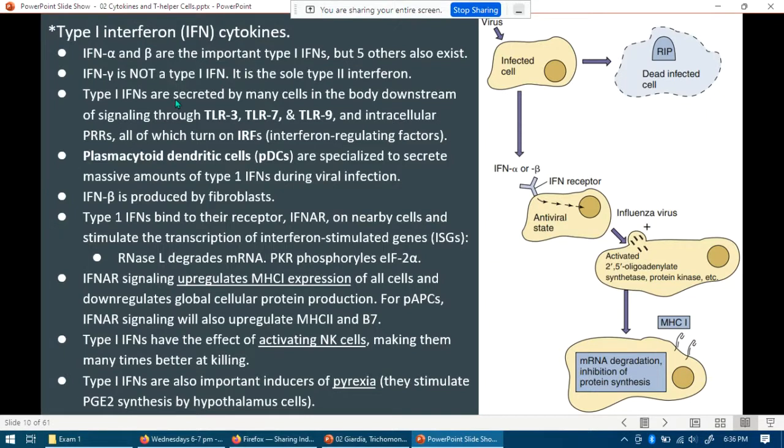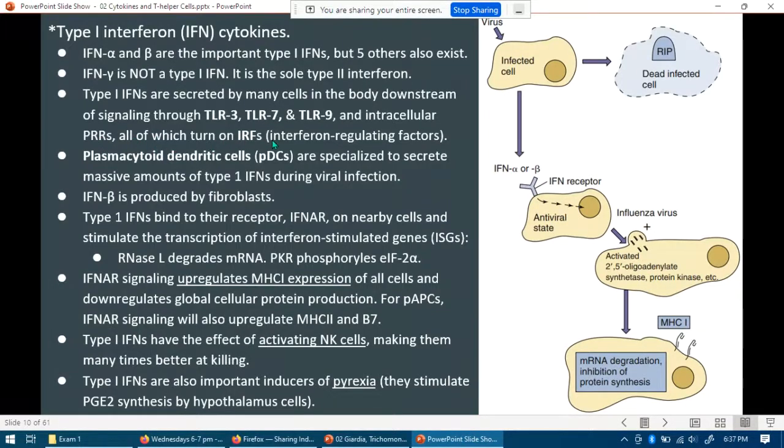So type 1 interferons, they are made by practically any cell in the body, any kind of tissue cell, downstream of signaling through toll-like receptor 3, 7, or 9, or intracellular pattern recognition receptors. So we have all of these different receptors that recognize viruses. All of these receptors are recognizing viruses.